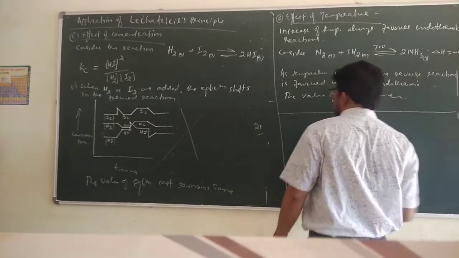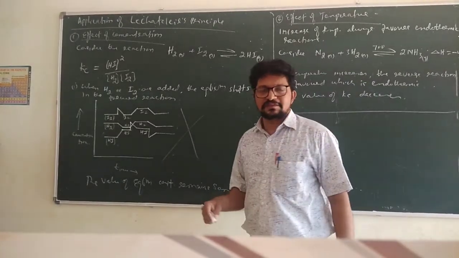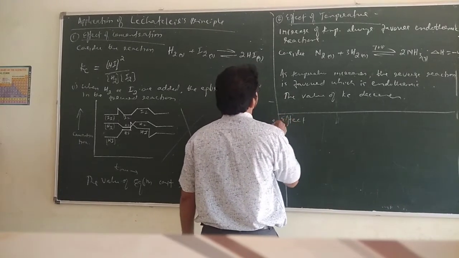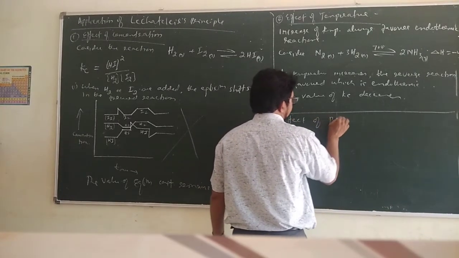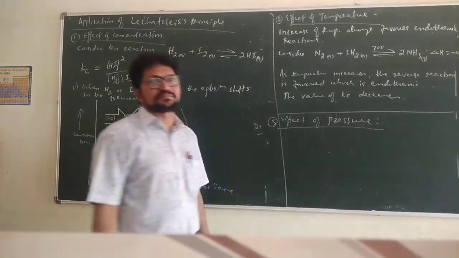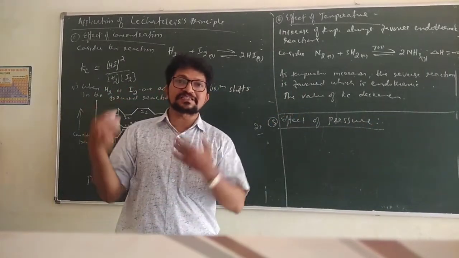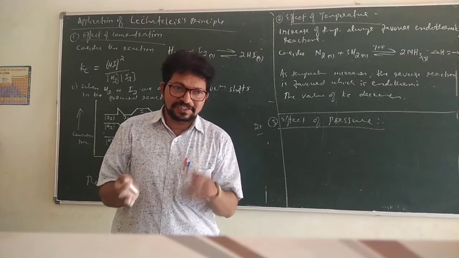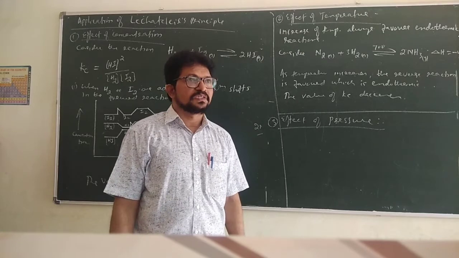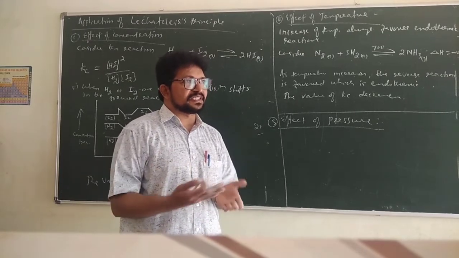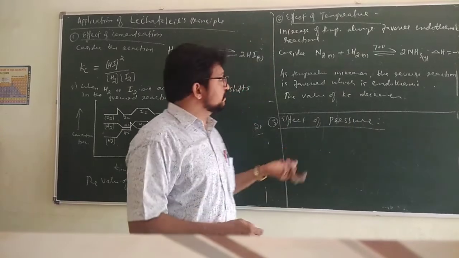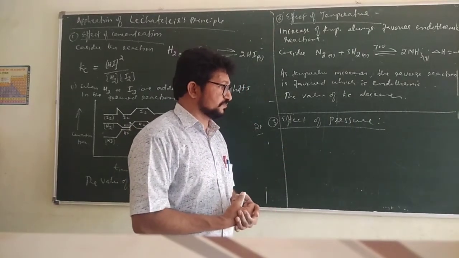Last one, or the important one, effect of pressure. See, here also one general statement I can take. If you increase the pressure, the equilibrium shifts in such a way as to decrease the pressure. Yes or no? As and when pressure is increased, the equilibrium tries to decrease the pressure. How will it decrease the pressure?